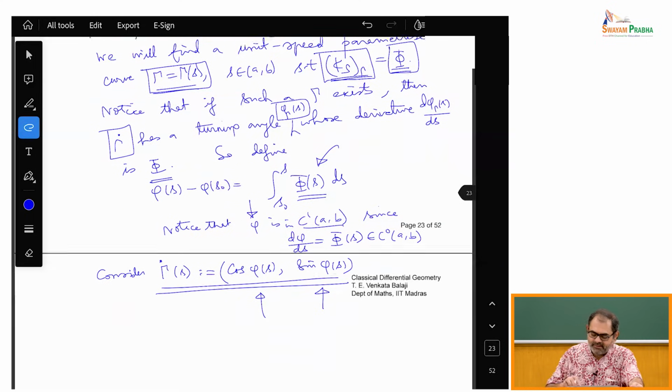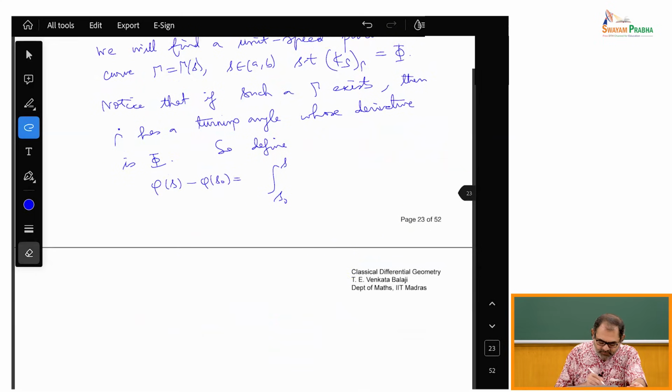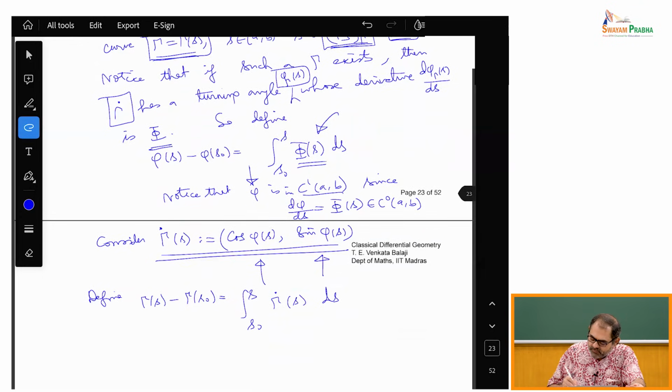So define gamma(s) minus gamma(s0) to be the integral from s0 to s of gamma dot(s) ds, and this is of course the integral from s0 to s of (cos phi(s), sin phi(s)) ds.